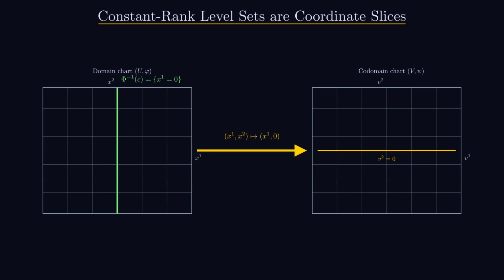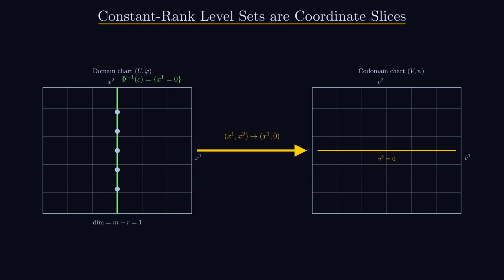This is the local slice condition that defines an embedded submanifold of codimension R, and here R equals 1, so codimension 1. The slice x1 equals 0 is parameterized by the remaining coordinate x2, which varies freely. In this two-dimensional example with m equal to 2 and r equal to 1, the dimension of the level set is m minus r equals 2 minus 1 equals 1.